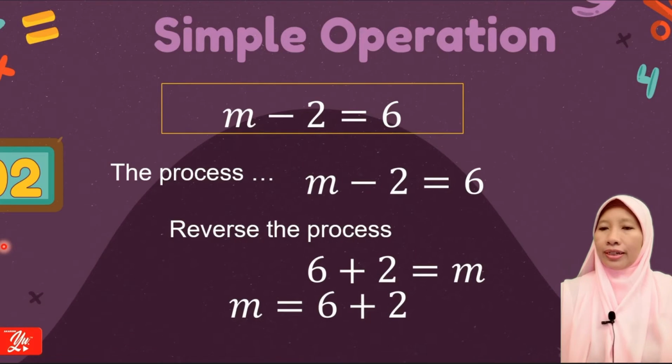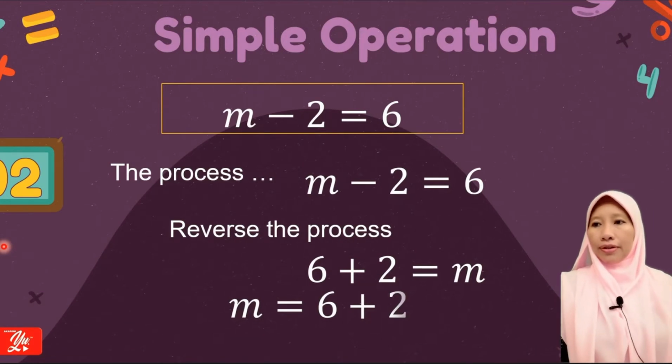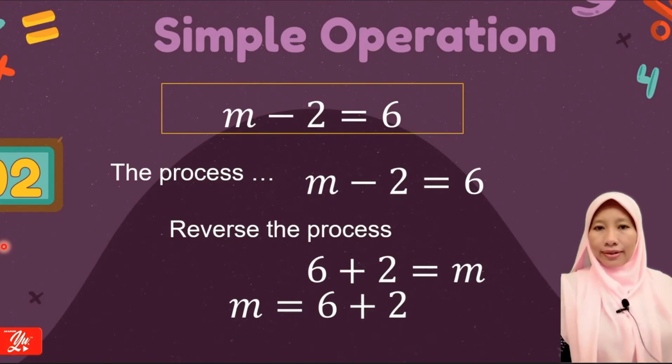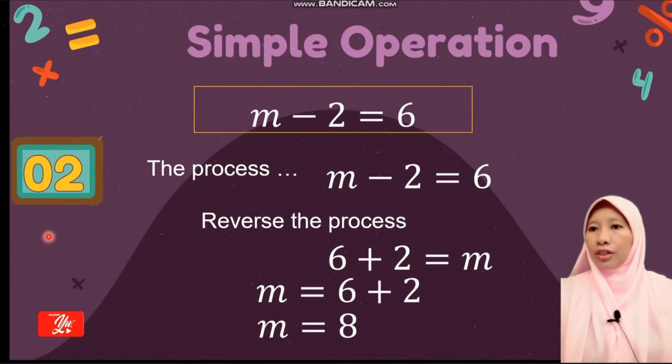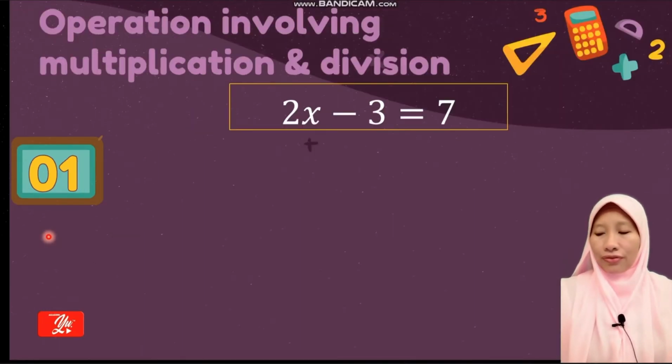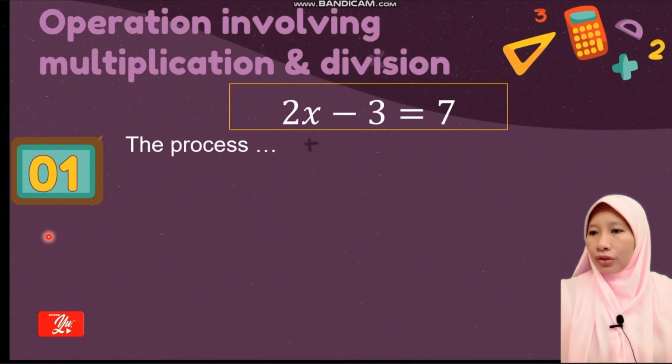Alright, now let's look at more complex problems, with operations involving multiplication and division. Number 1, we have 2x minus 3 equals 7.